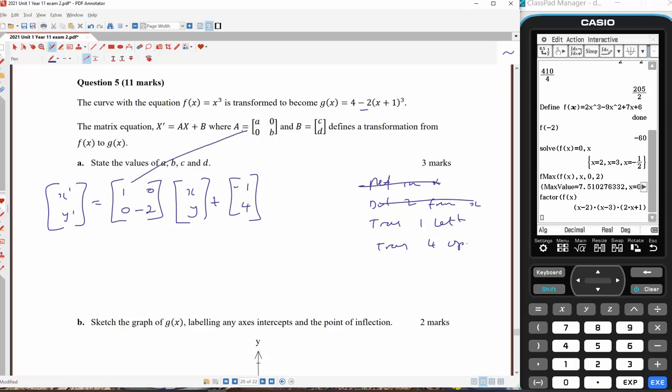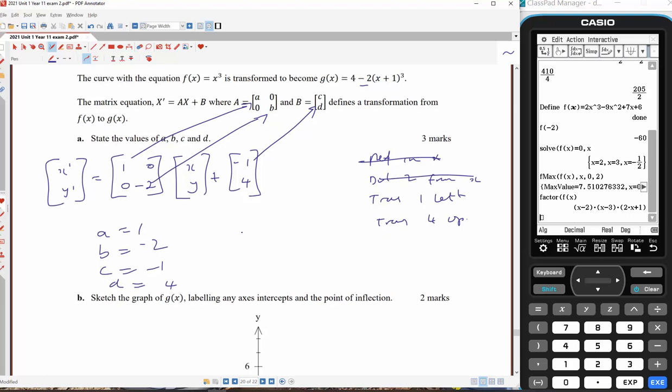Okay, so A equals 1, B is -2, C is -1, and D is 4.